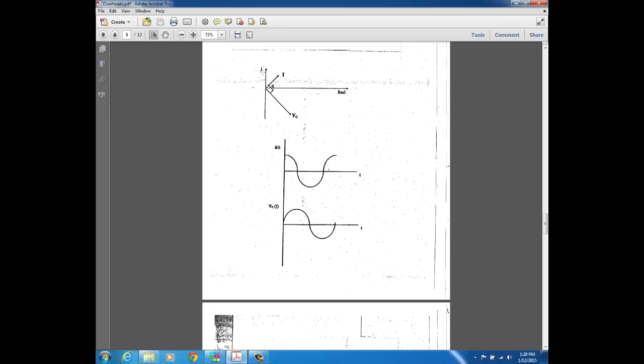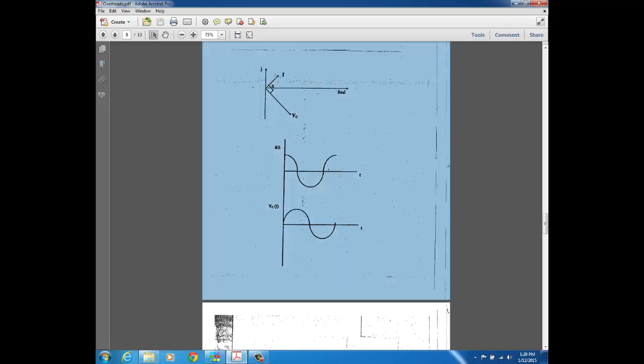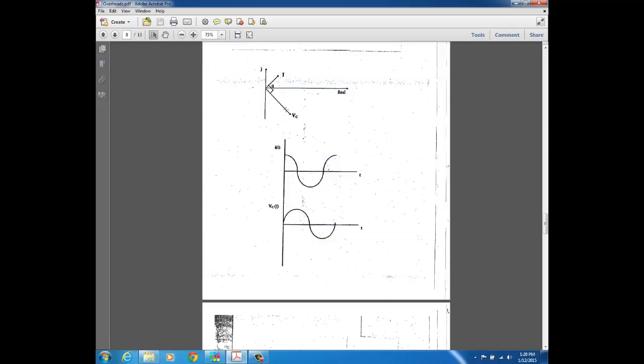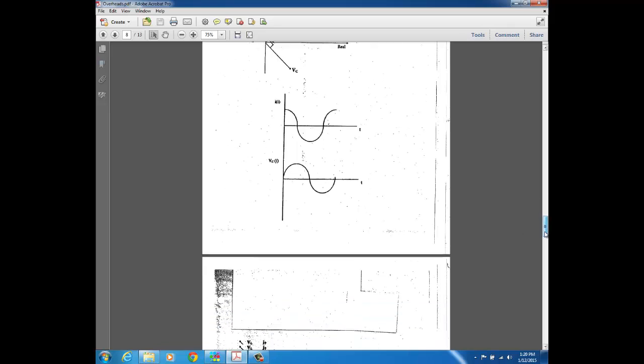And since the phasors are rotating counterclockwise, we say either that the current is leading the voltage or the voltage is lagging the current by 90 degrees for a capacitor. Okay, so either the current is leading the voltage by 90 or the voltage is lagging the current by 90 for a capacitor. And then this shows in time what it would look like, that if current is cosine, well then the voltage for the capacitor would be sine. And as you know, there's a 90-degree difference between sine and cosine.